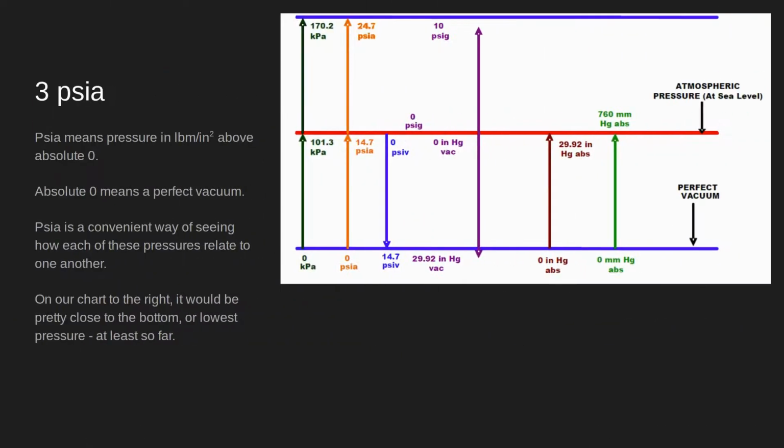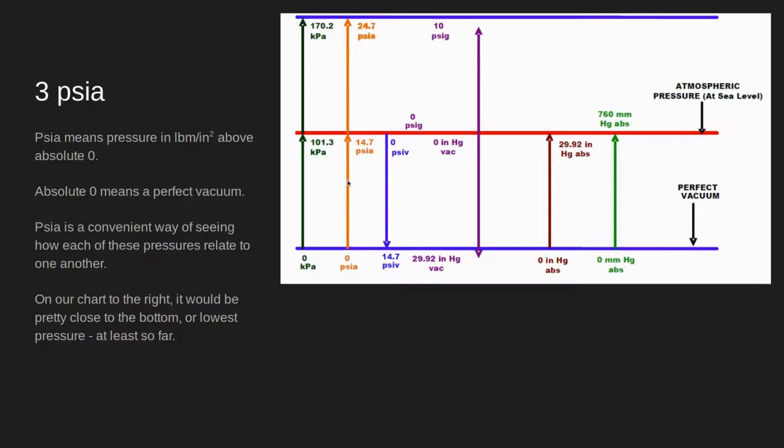The first one on the list was 3 psia. That's pounds per square inch above absolute zero, and absolute zero means a perfect vacuum. If you look on this chart here, that blue line at the bottom is a perfect vacuum. So all this is saying is 3 pounds force per inch squared above that perfect vacuum.